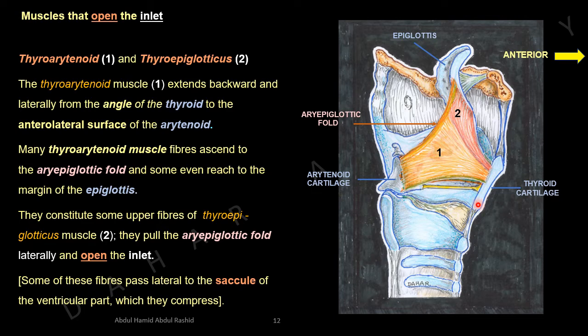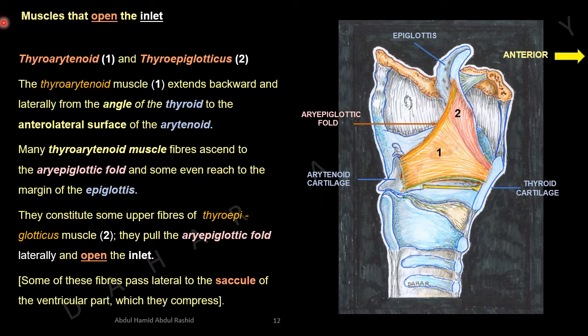Posterior surface is the angle of the thyroid. Here is the arytenoid cartilage. We have the anterolateral surface. And below is the cricoid cartilage. So if you see here, these are the aryepiglottic folds coming from the arytenoid cartilage going to the epiglottis.